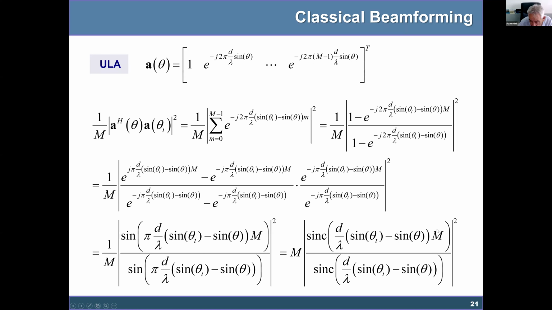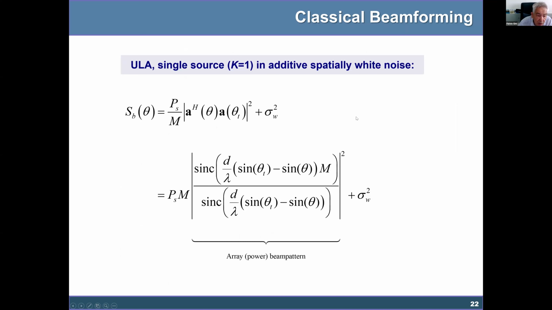The difference in the argument is that at the numerator you have this term M that comes from here. So at the end it is the ratio of these two sinc functions. Obviously this signal is periodic. And then you have modulo square multiplied by M. So if you make the replacement, you come up with this expression of the spatial power spectral density.